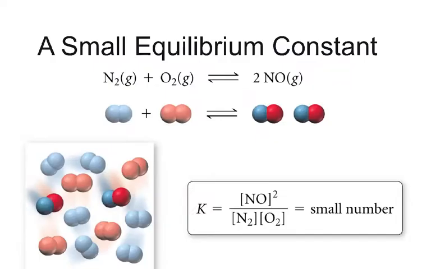Similarly, if we have a small equilibrium constant, that means that we have a small number on the top, our nitrogen monoxide, divided by a large number on the bottom for our nitrogen and oxygen. And so then we get an overall small number telling us that our equilibrium lies far to the left, to the reactant side.